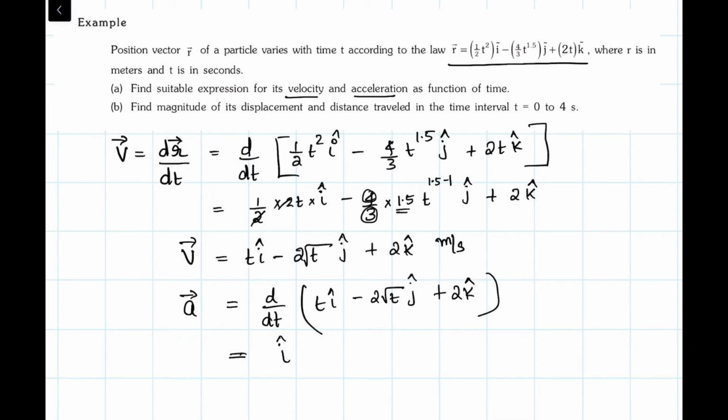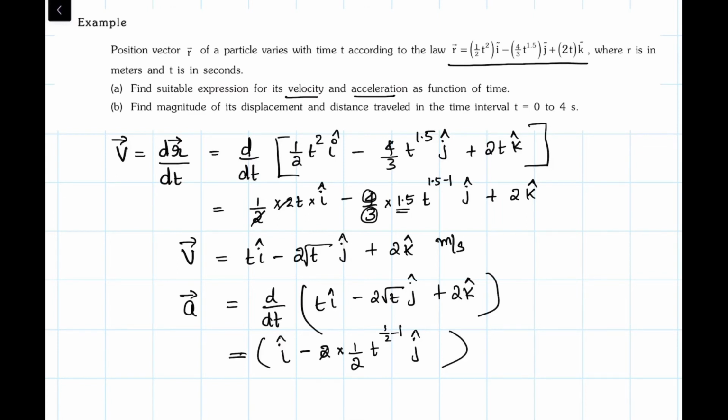For minus 2 root t j cap, take the constants out, so minus 2 is taken out. The derivative of root t, that is t raised to 1 by 2, is 1 by 2 times t raised to 1 by 2 minus 1, j cap. The derivative of 2k cap is 0, so let's leave that part.